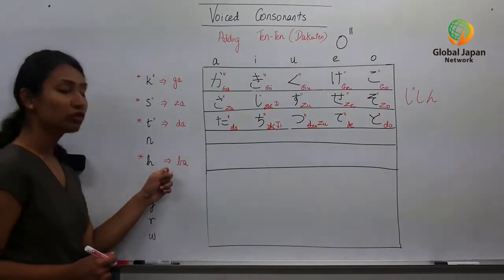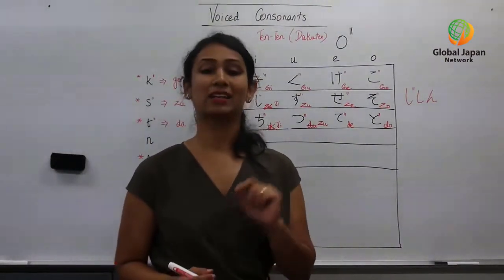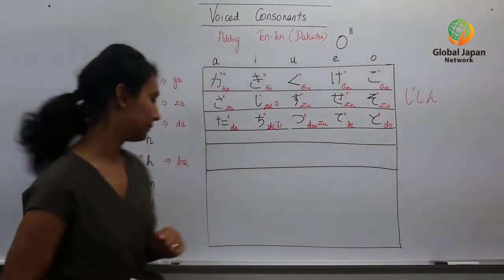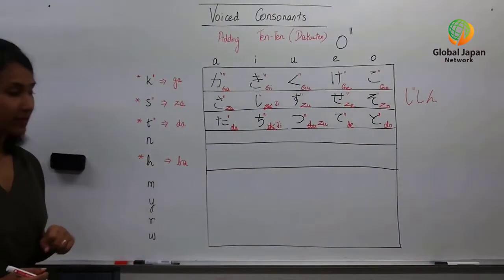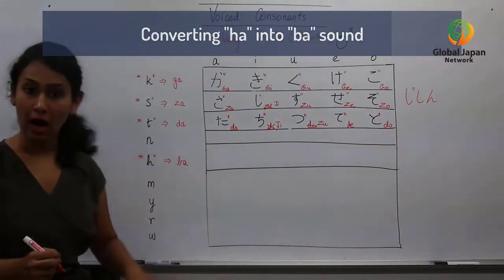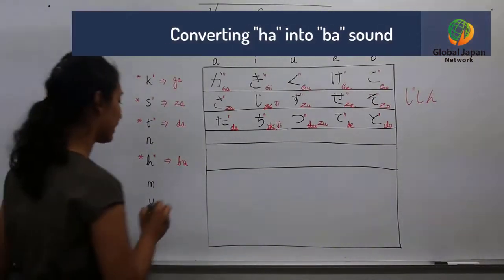Moving to the fourth line of hiragana characters and converting them into new sounds by using tenten. Ha line. Ha with the tenten becomes ba. Writing the hiragana characters first.